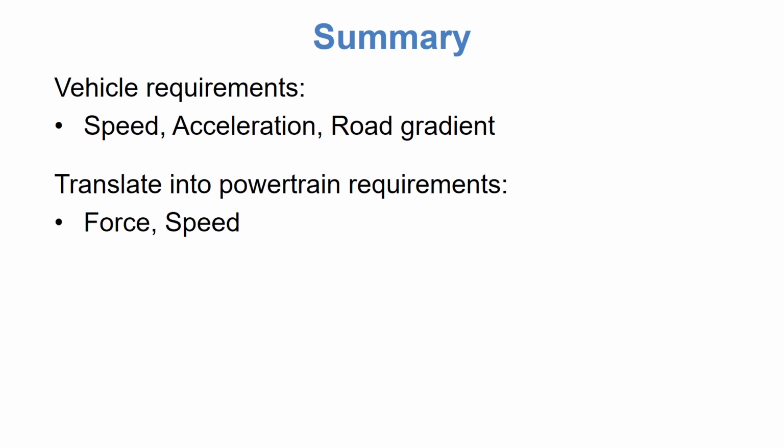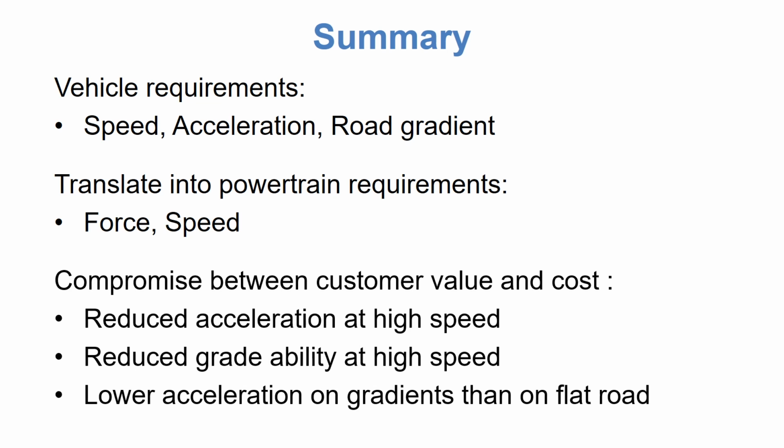In this video, we have learned that vehicle requirements describe the required combination of speed, acceleration, and road gradient. They can be translated into force speed requirements for the powertrain using the vehicle model. The vehicle requirements are a compromise between how valuable the buyer finds a certain requirement and the cost for meeting it.